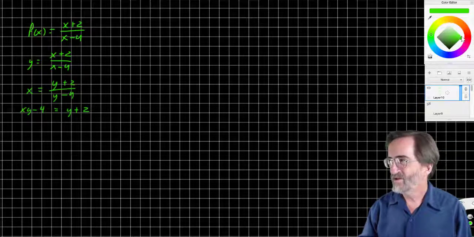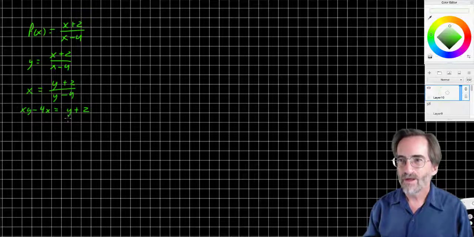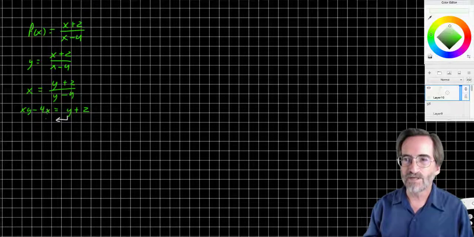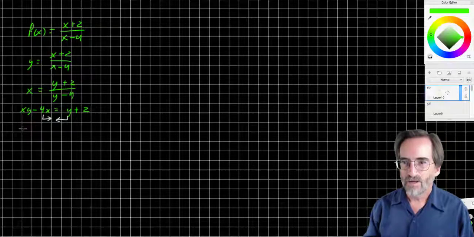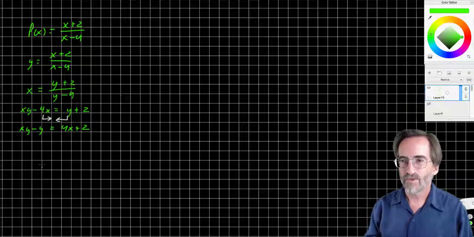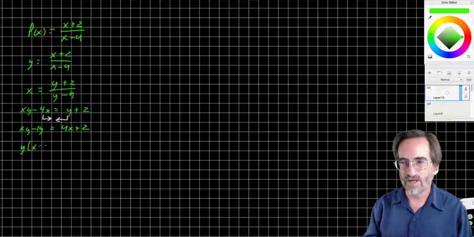There was an extra y. 4x. Get all the y's to one side. Okay, so by subtracting y from both sides and adding 4x to both sides, we're going to get xy minus y equals 4x plus 2. Factor out a y. There's a y in both of these terms, and what's left is x minus 1. So y times (x minus 1) equals 4x plus 2. Now divide by x minus 1. Y equals (4x plus 2) divided by (x minus 1).